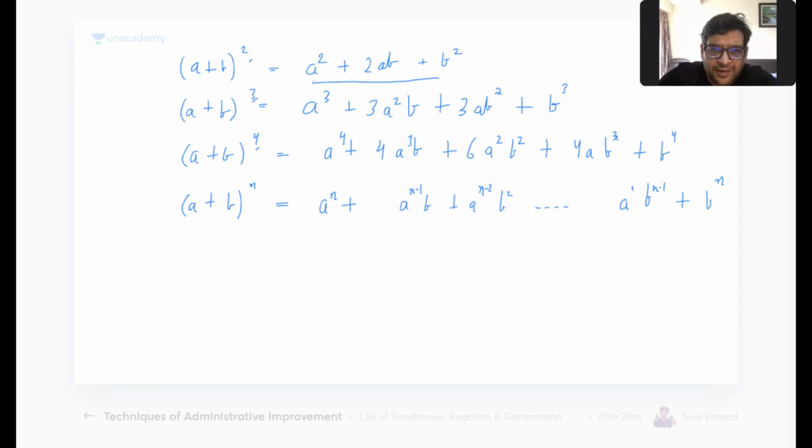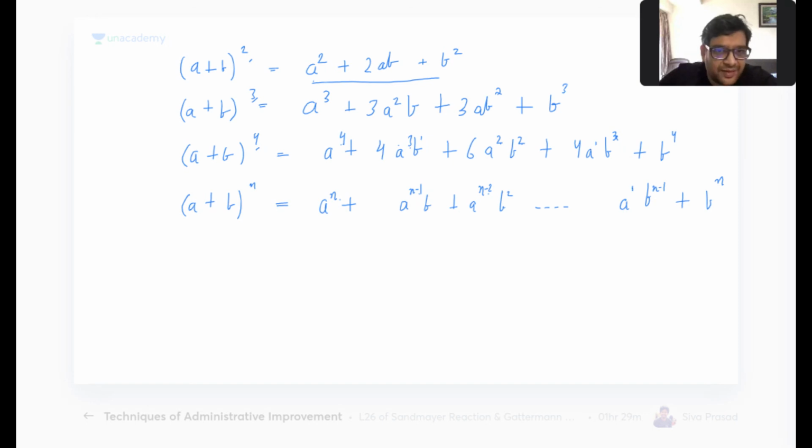Say for 4, 4 is here. Then here what is the power? 3 and 1. Then I have 2, 2. Then I have 1, 3. And then finally I have 4. Very similarly, n minus 1, n minus 2, it will go on till 1. Say for example, it is going from 4, 3, 2 and 1. So the exact same pattern is going to follow here as well.